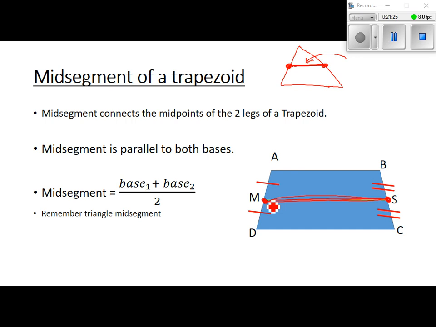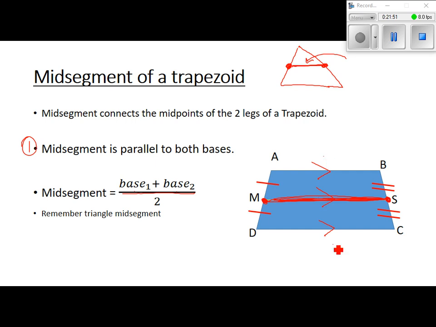And if it's a mid-segment, it's got a couple of properties here. First property, it has to be parallel to the two bases. So all three of these are parallel to each other. And if it's a mid-segment, base 1 plus base 2 divided by 2 equals this length. It's sort of like you're finding the average of the two bases.